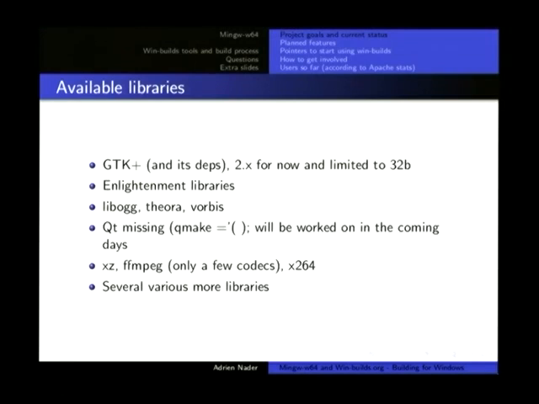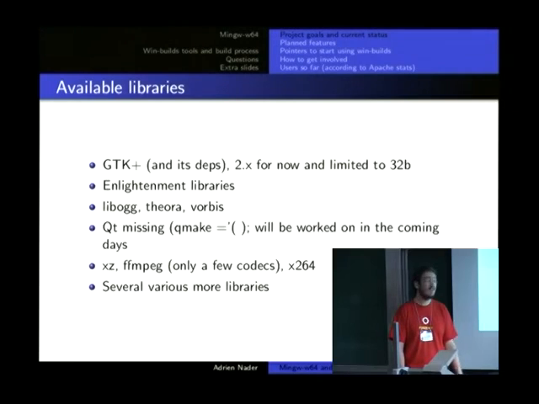GTK 2 64-bit seems to simply not work. You have Enlightenment stuff, several other libraries. Qt is actually missing because Qt is the weird beast. I should try again with Qt 5, but with 4-something it was not very nice.